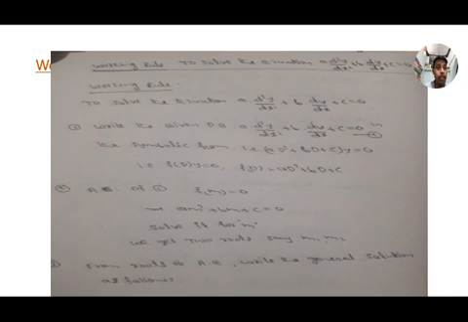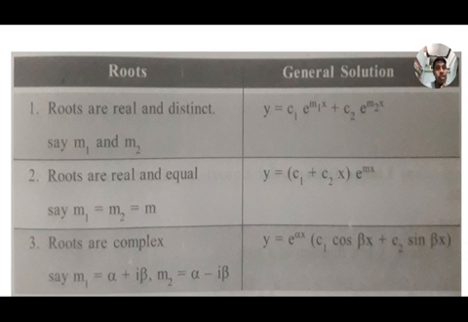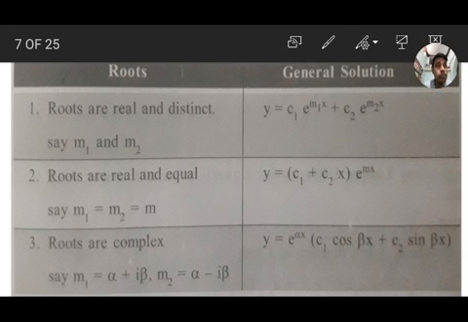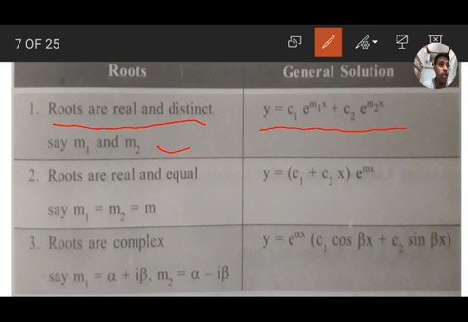First case, roots: if the roots are real and distinct, say m1, m2 are two real values and different, not equal, then the general solution is y = c1 e^(m1x) + c2 e^(m2x). Here c1, c2 are constants.